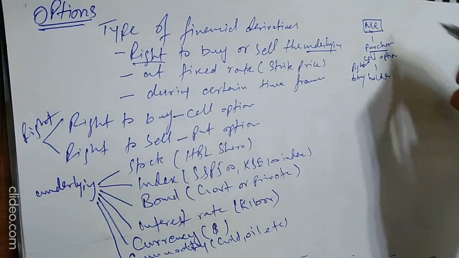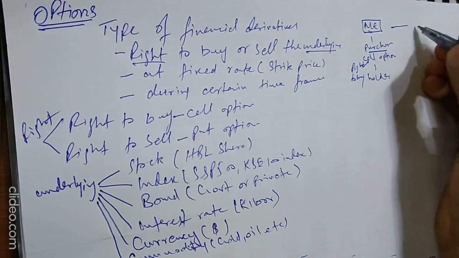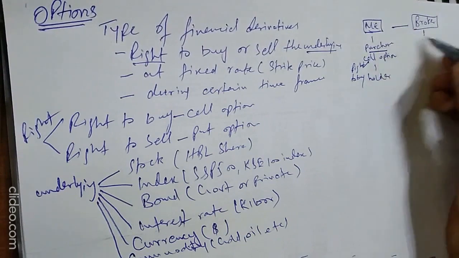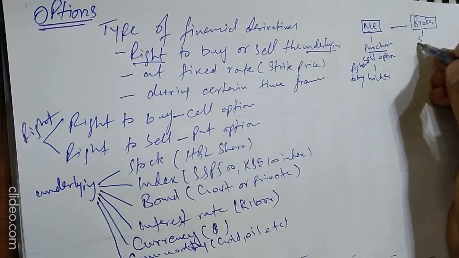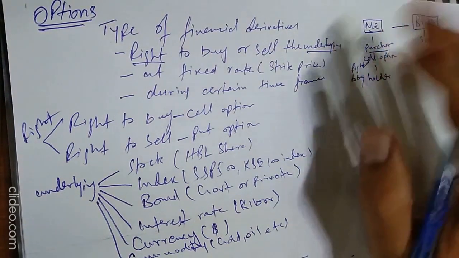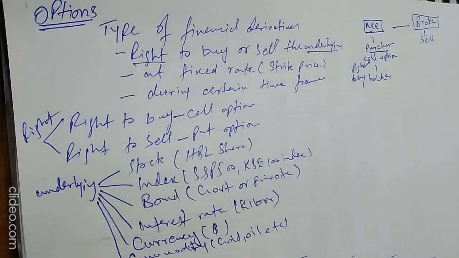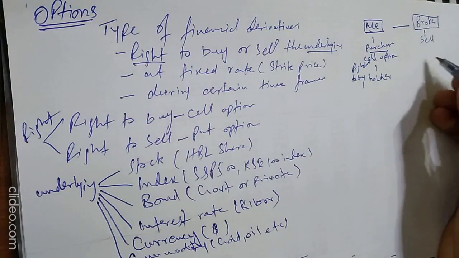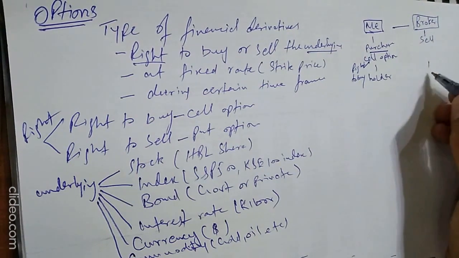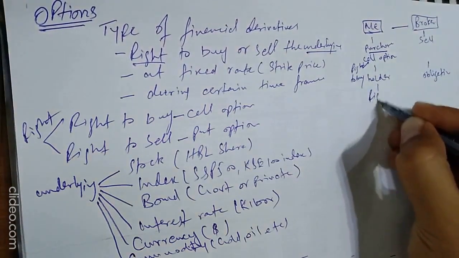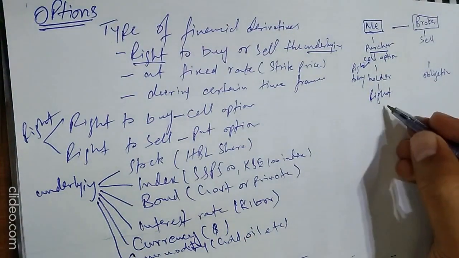On the other hand, if I purchase this contract from a broker, then the broker will sell this contract to me. So what is the major differentiation between my position and the broker's position? I am the buyer of the contract and the broker is the seller of the contract. The broker has an obligation and I have a right. There is a little bit of difference between obligation and right.